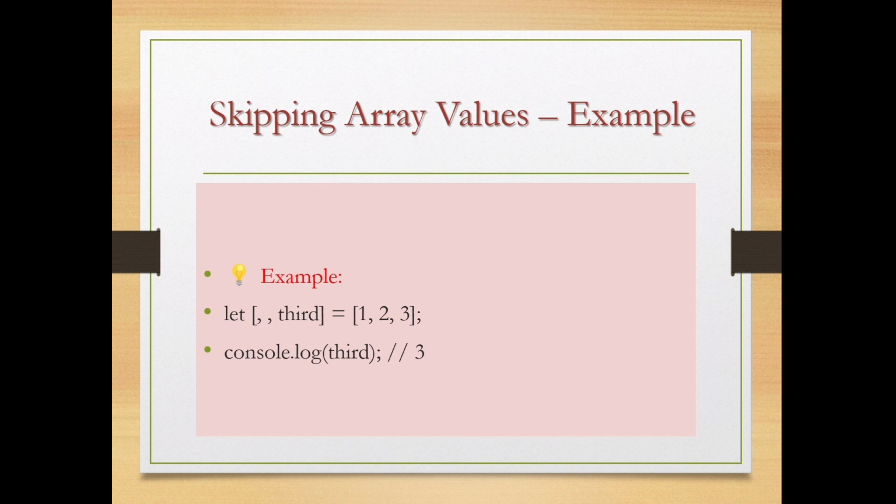I am not taking the first one and second one. Next I am giving values for first, second and third. Next I am printing the value of third. Then it displays 3. It will skip first and second and display the third value, 3, as the output. This is the example. Next we will see its execution part.